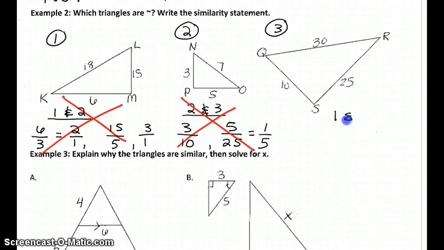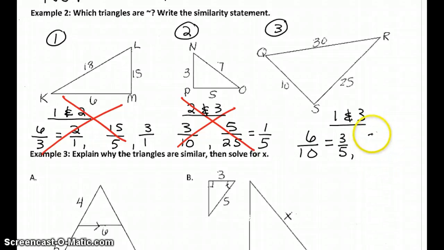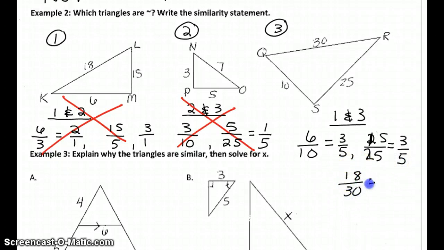Finally, let's try triangles 1 and 2. My smallest sides are 6 and 10, which simplifies to 3/5. My middle sides are 25 and 15. Sorry, 15 and 25, which also simplifies to 3/5. And my largest is 18 over 30, which simplifies to 3/5.